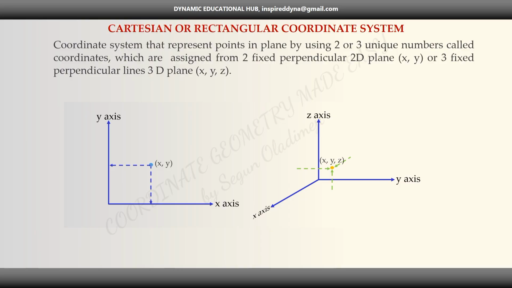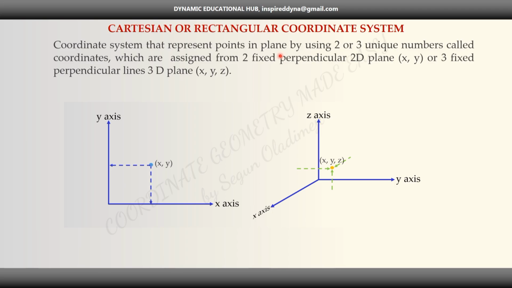Now Cartesian system represents points in a plane by using 2 or 3 unique numbers, either positive or negative, called coordinates. Now these numbers are assigned from 2 fixed perpendicular lines, which means x and y, or 3 fixed perpendicular lines known as 3D plane, x, y, and z.